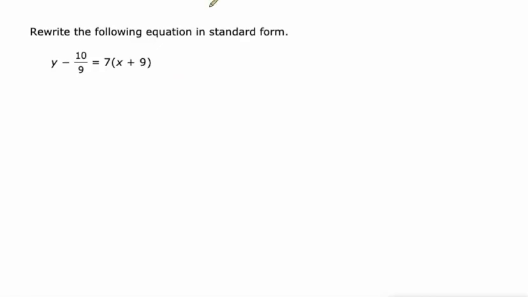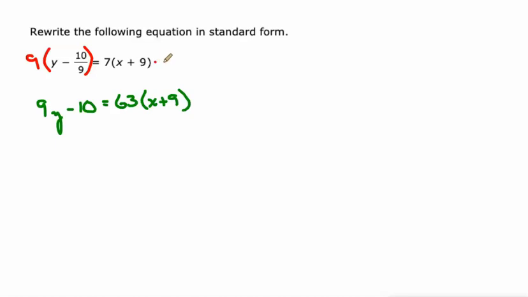One more. I vote that we get rid of fractions first. So what I'm going to do is multiply both sides by 9. That would give me 9y minus 10 equals 63 x plus 9. Okay, so when you're multiplying the left side by 9, you're distributing a 9 through that set of parentheses.